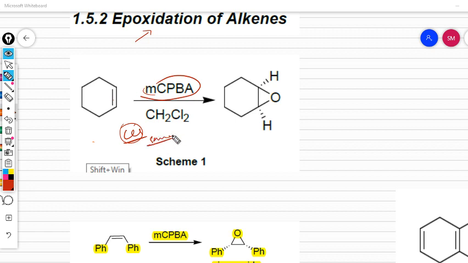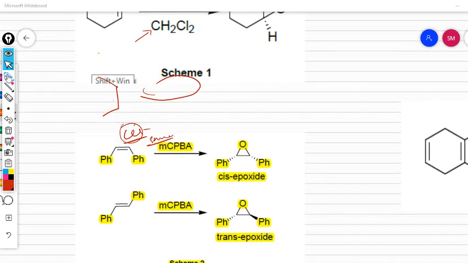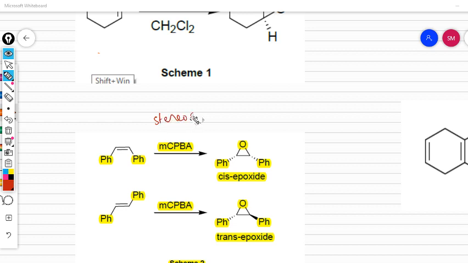In the same side addition, if you have a cis double bond, it's going to give a cis epoxide. If it is a trans double bond, it's going to give a trans epoxide. So this phenomenon is called stereospecificity. Epoxidation is stereospecific.